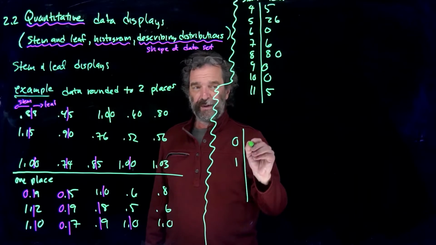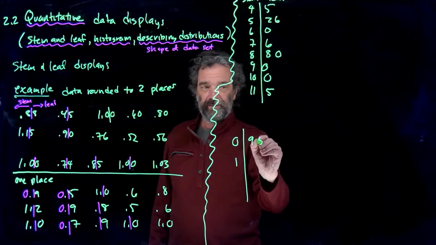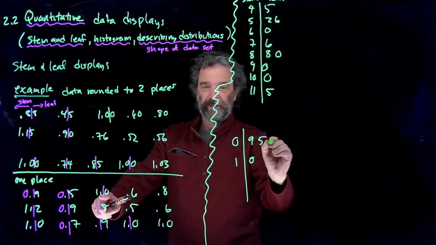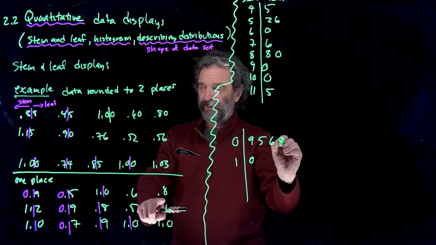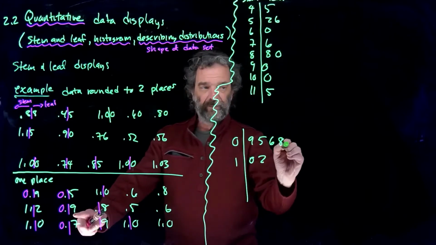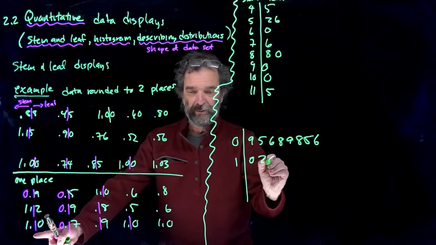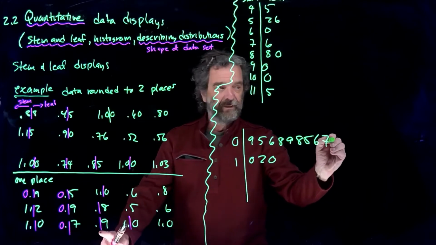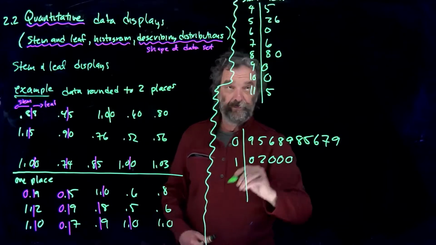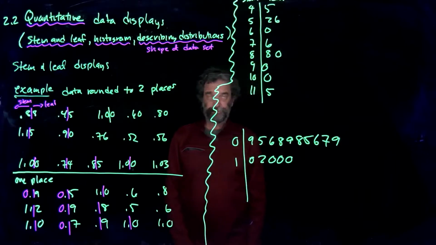Oh, so now we go 9, 5, 0, 6, 8. See what's going on. 2, 9, 8, 5, 6, 0, 7, 9, 0, 0. Like that.